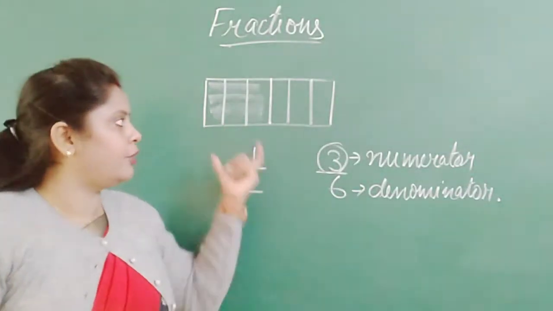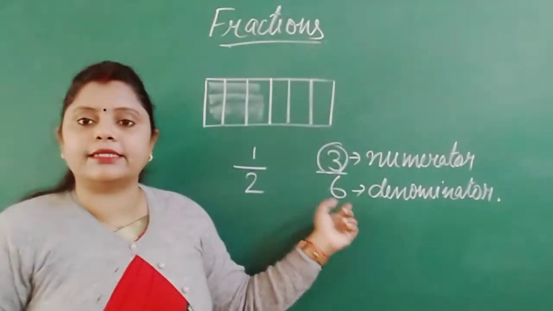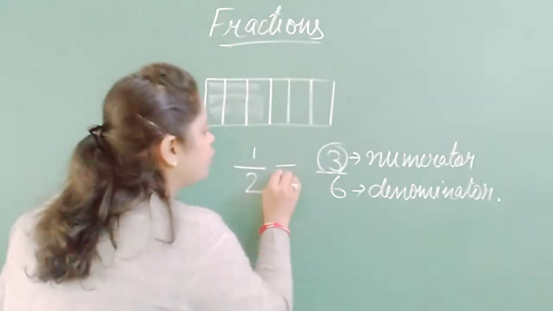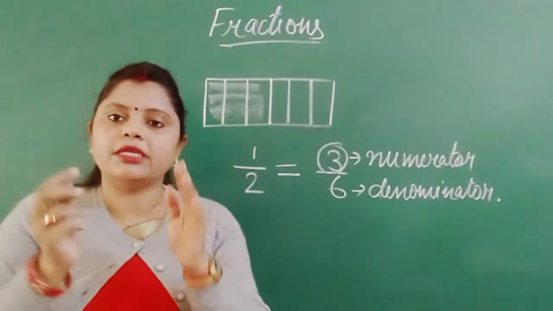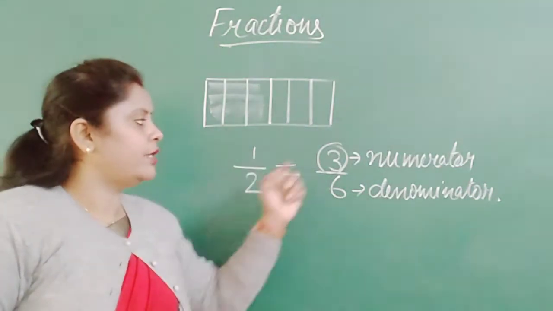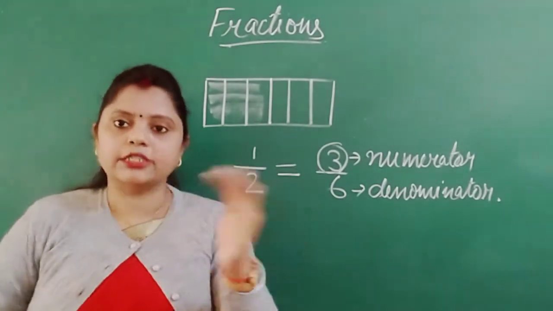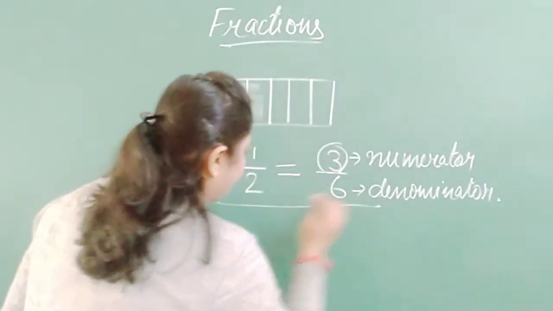Earlier it was 1 by 2, but now when the number of divisions increased, it is 3 by 6. So here we have also got the concept of equivalent fractions, meaning fractions which have equal value: 1 by 2 is equal to 3 by 6. I can show you with some more information, like, look here.